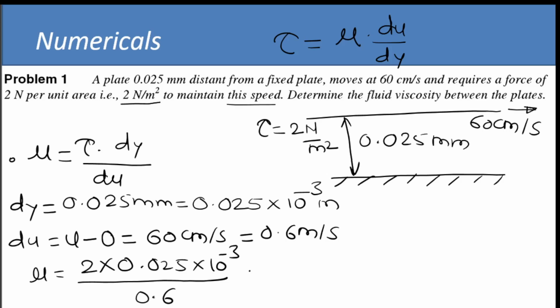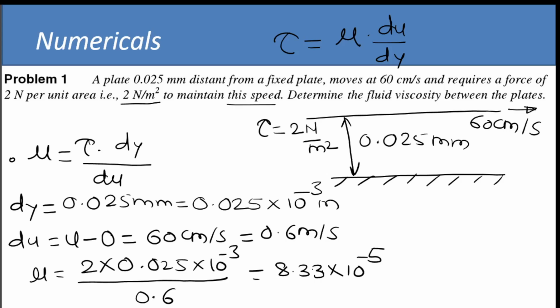What we are getting here, the value of mu is 8.33 into 10 raised to the power minus 5.